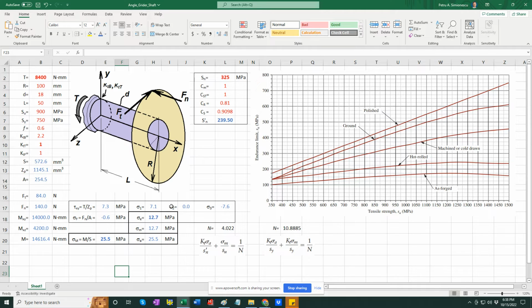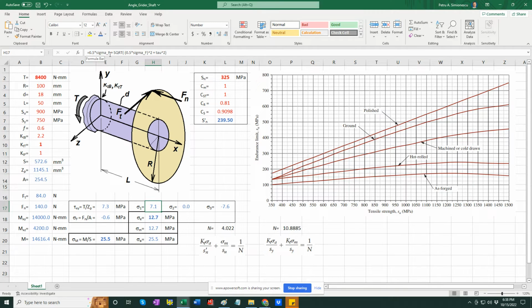We calculate sigma 1, sigma 2, and sigma 3 for this particular case. Again, sigma y is 0, so sigma 1 is going to be sigma average plus the radius of the Mohr circle. Sigma average is sigma x plus sigma y over 2, and sigma y is 0, and sigma x is sigma f.